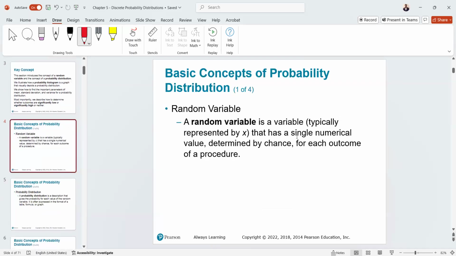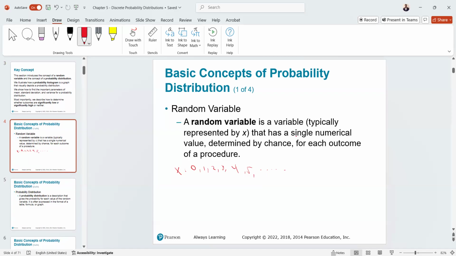So without further ado, let's talk about some basics. We're going to begin with the related concepts of random variable and probability distributions. A random variable is a variable typically represented by x. For example, random variable x might be 0, 1, 2, 3, 4, 5, etc. A random variable has a single numerical value determined by chance for each outcome of a procedure.